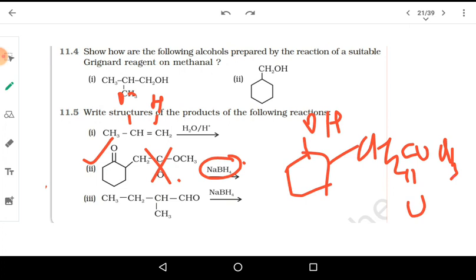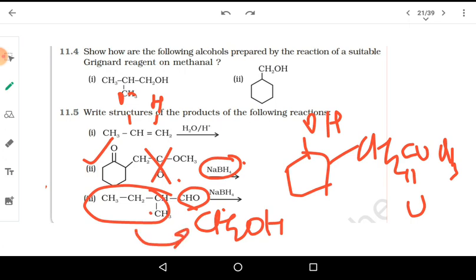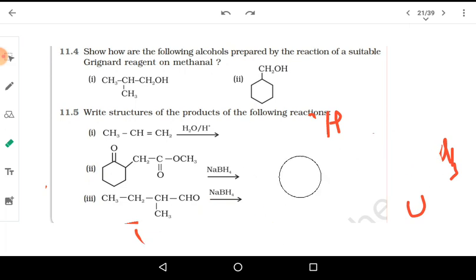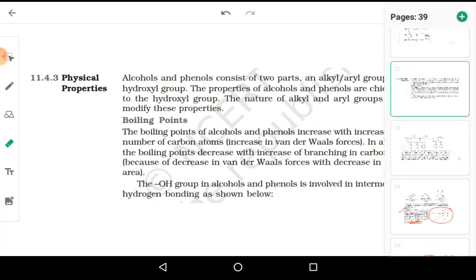Now the next question, here we have an aldehyde group, so that is converted to a CH2OH group. The complete group will be there along with the rest. So let us move on to the next part.